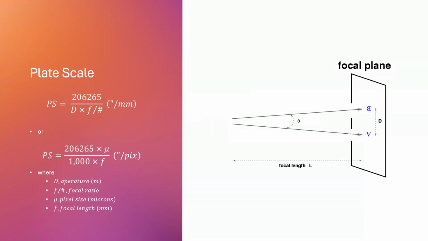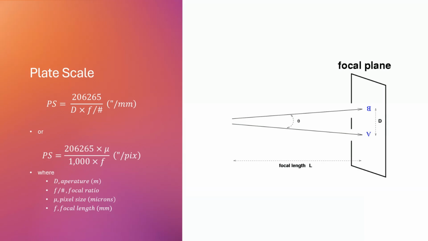The equation is 206,265 divided by the diameter of the telescope in meters times the focal ratio of the telescope. The focal ratio is itself the focal length of the telescope divided by the aperture. That is a unitless quantity.